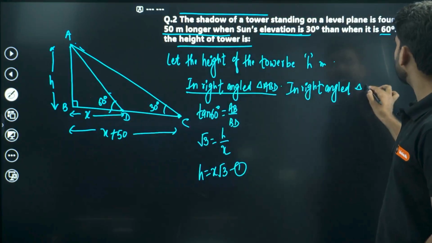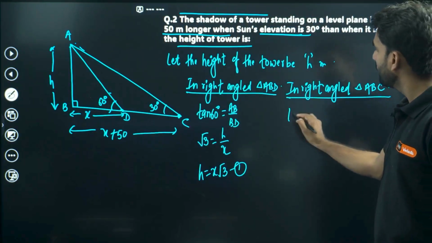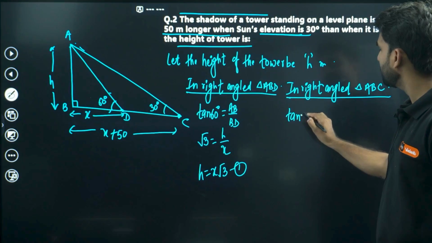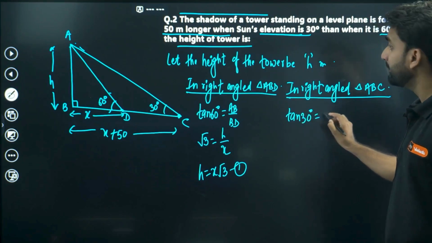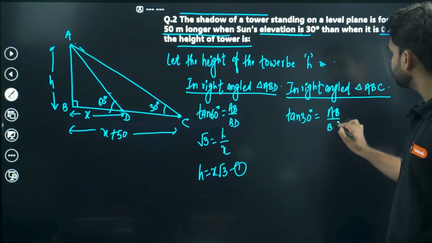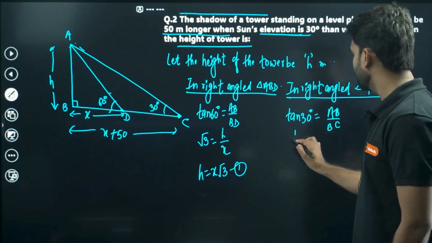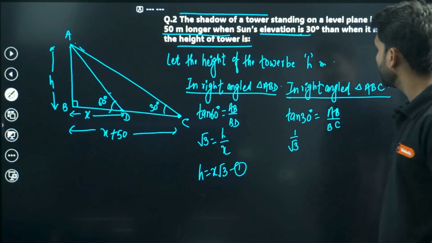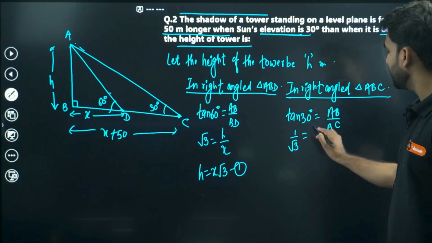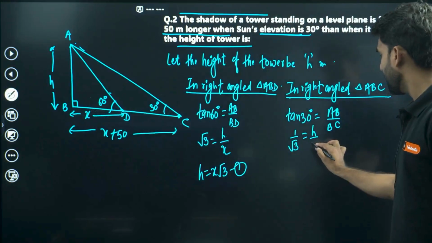So in right angle triangle ABC, again, what do we need to do? Which trigonometric function do we have to take? Tan. So tan 30 will be perpendicular AB over the base, which is the complete BC. We know the value of tan 30 degrees is 1 by √3. So I'm writing here 1 by √3, right, my dear kids, and AB is h, and BC will be this complete x plus 50.